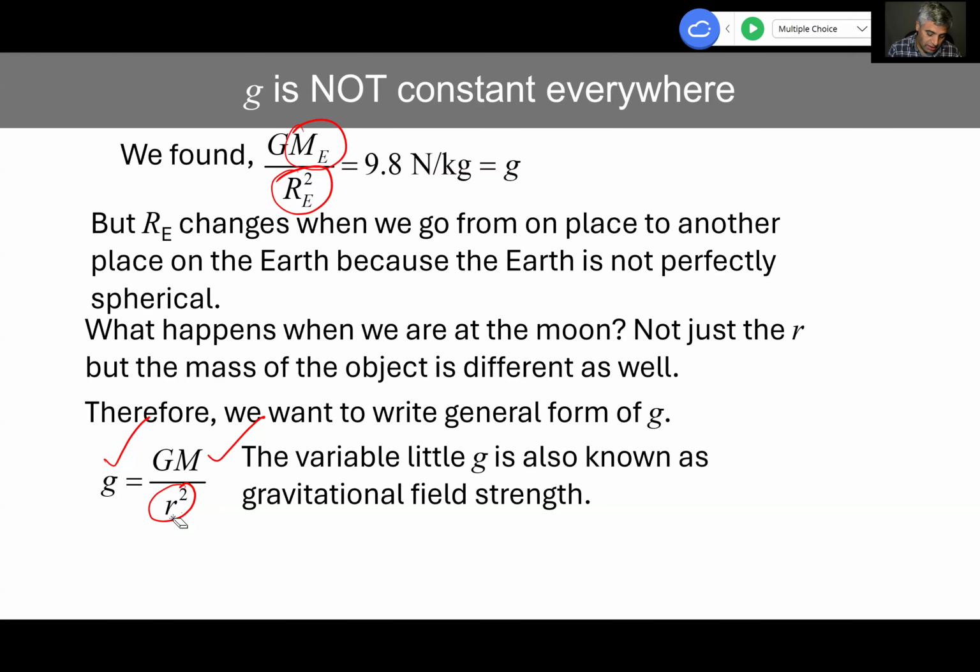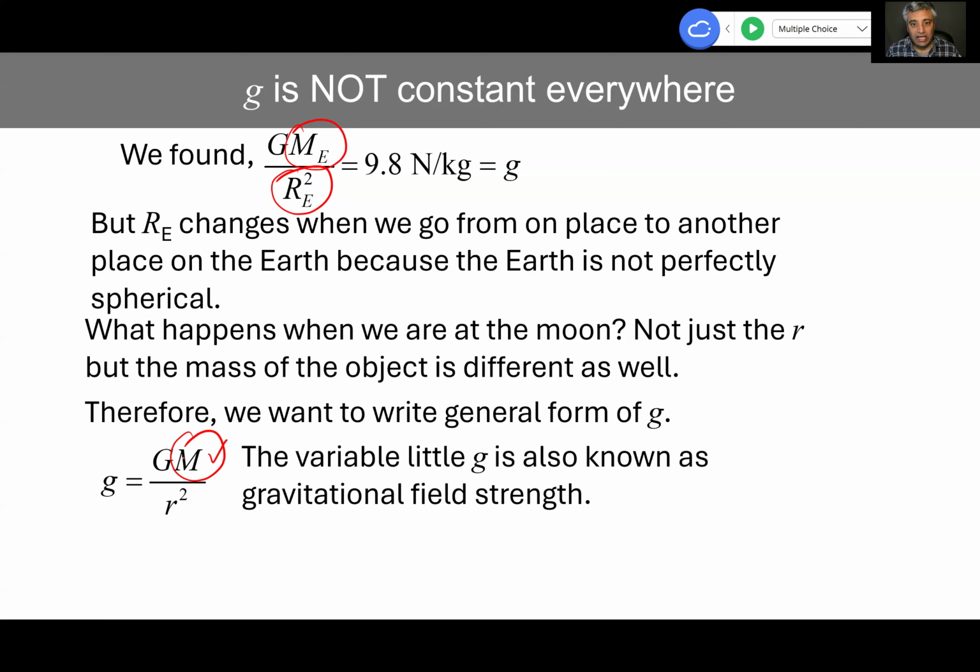And the smaller the value of R, the larger the value of g for the same mass. So it just depends on how far the point of interest is from the large mass.